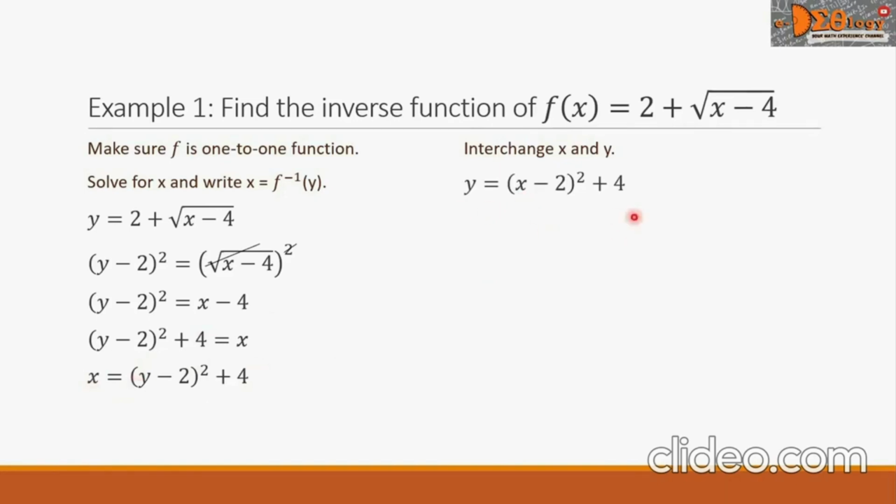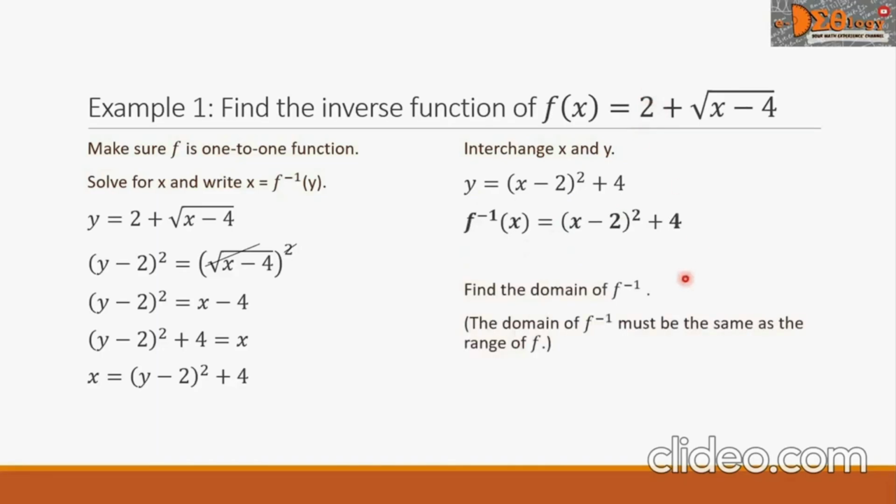Our new function is y equals the square of x minus 2, then plus 4. And then we will return this y into a function notation, but this time it will be the inverse notation. So f inverse of x equals the square of x minus 2, then plus 4. This is actually the inverse function of the given function.